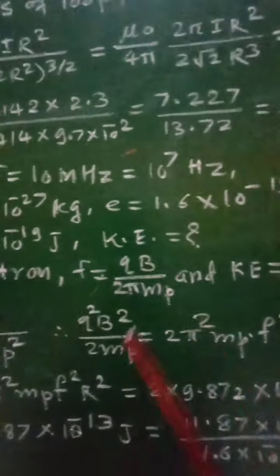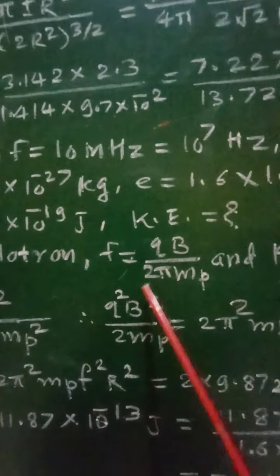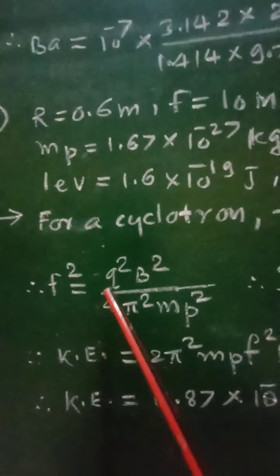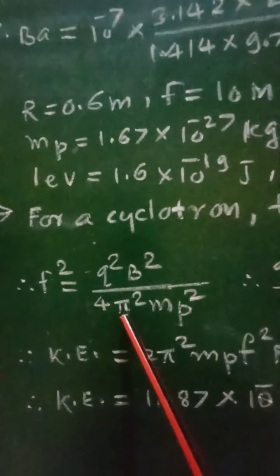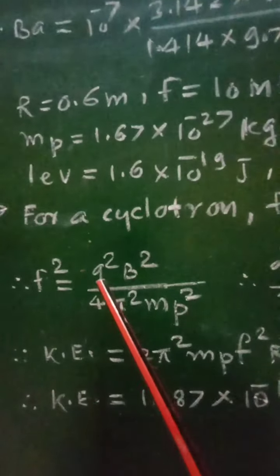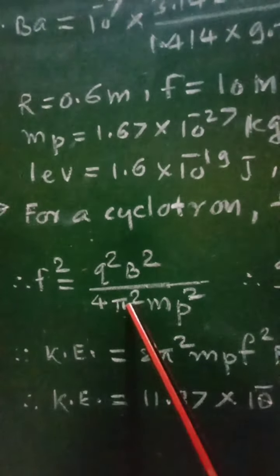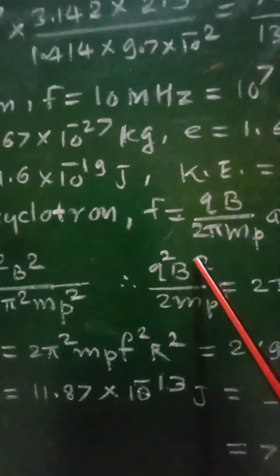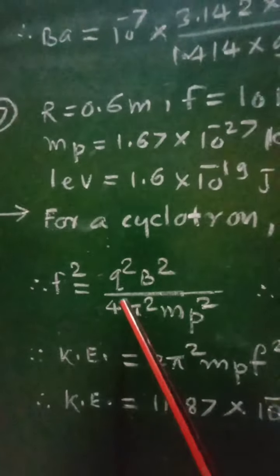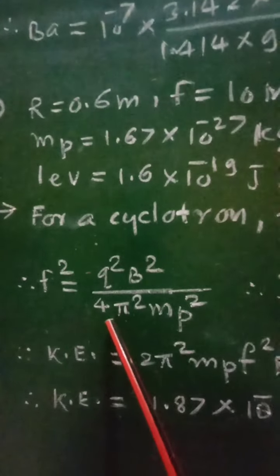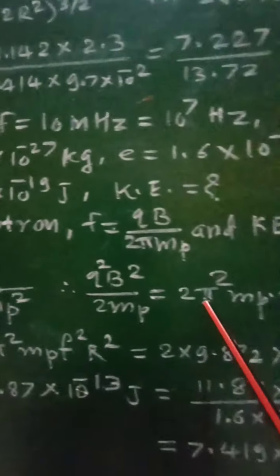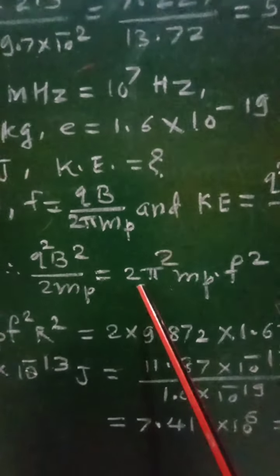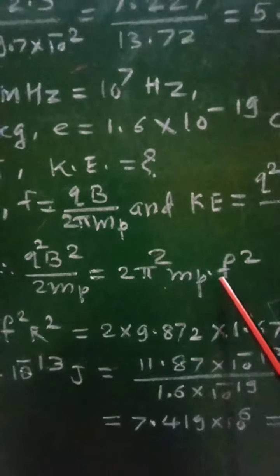Now, as frequency f is equal to qB upon 2 pi mp, therefore its square f square will be equal to q square B square upon 4 pi square mp square, and therefore from this relation q square B square upon 2 mp will be equal to 2 pi square mp into f square.